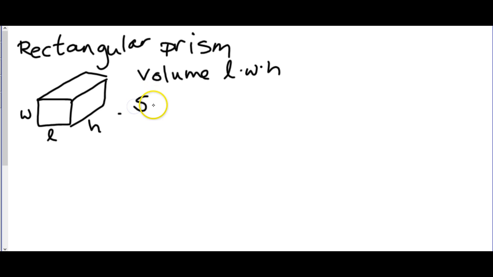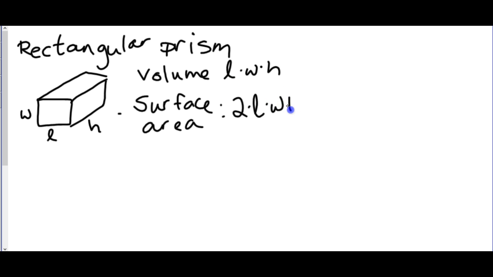So surface area of a prism is 2 times length times width plus 2 times length times height plus 2 times width times height. So it depends on what they're asking for. If it asks for a volume, we'd use the first formula. If it asks for a surface area, we'd use the second formula.